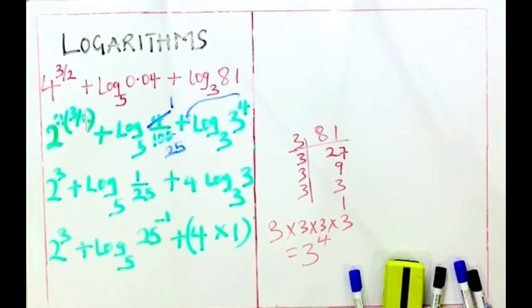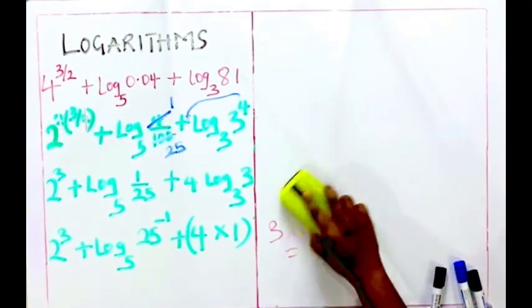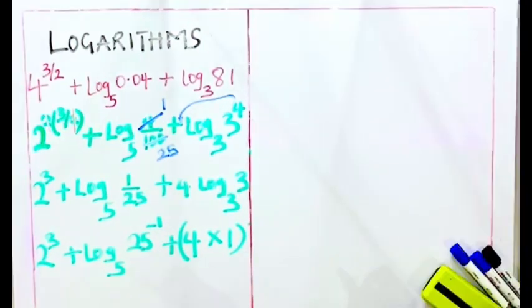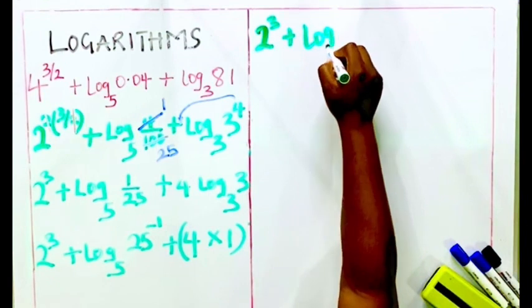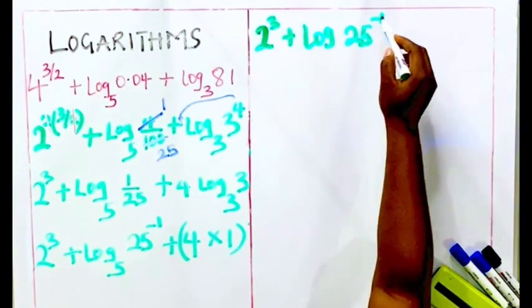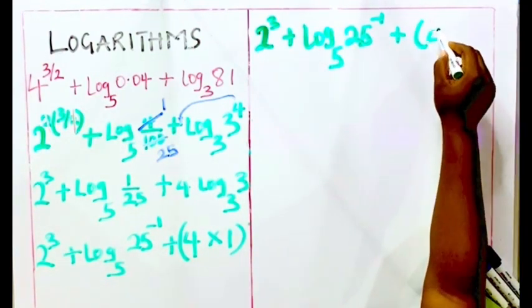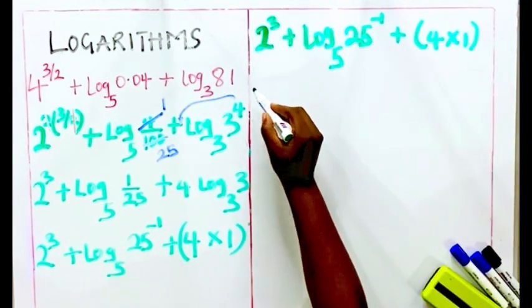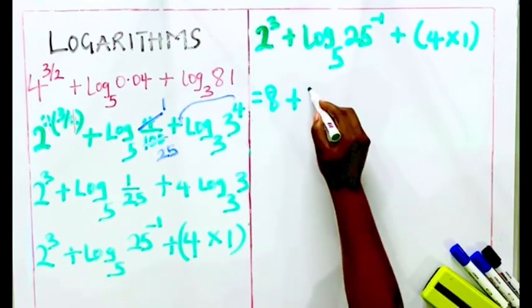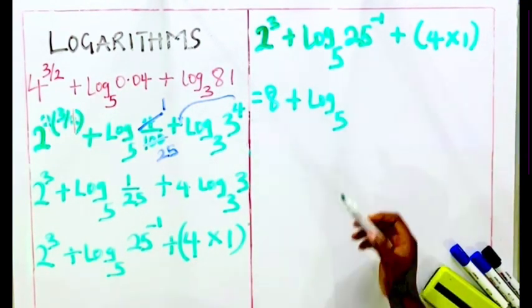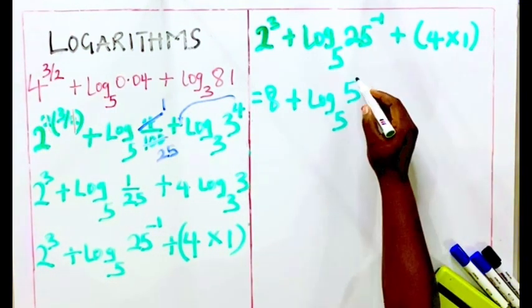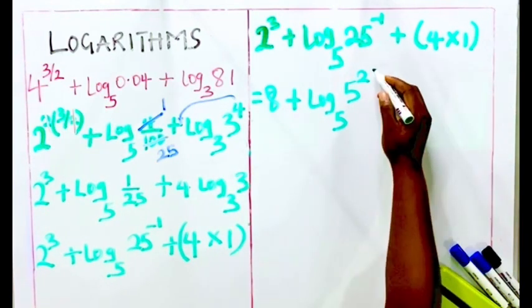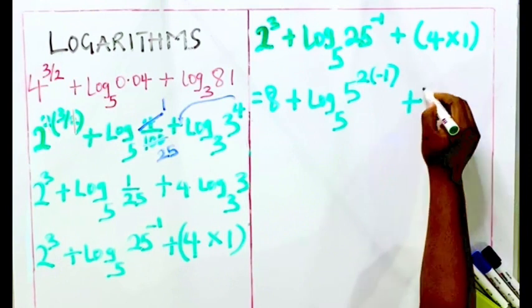So this is 4 times 1. 2 raised to the power of 3 plus log 25 raised to the power of minus 1 to base 5 plus 4 times 1. 2 raised to the power of 3 is the same as 8 plus log base 5. 25 in index form can be written as 5 raised to the power of 2, and here we already have minus 1, so that will be in brackets, plus 4 times 1 is 4.